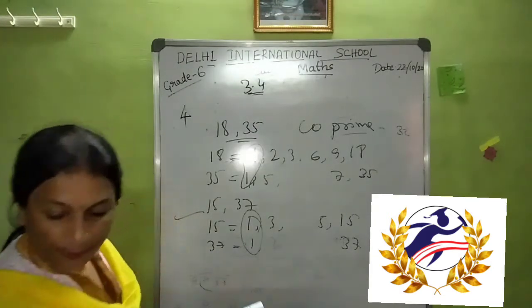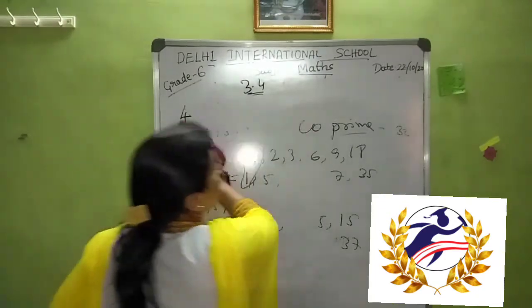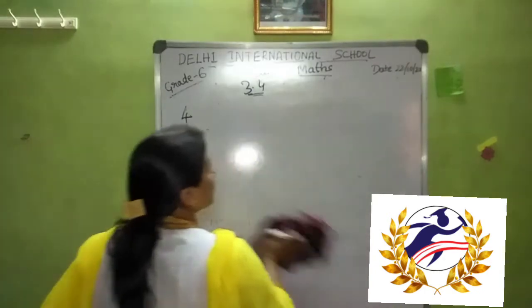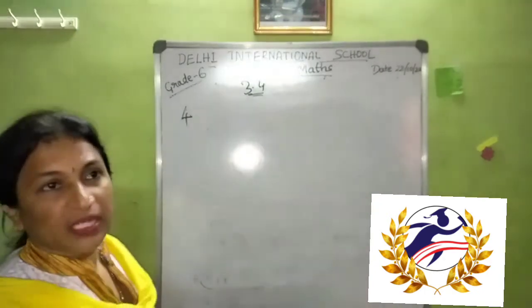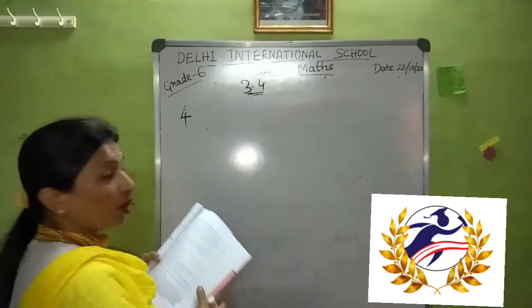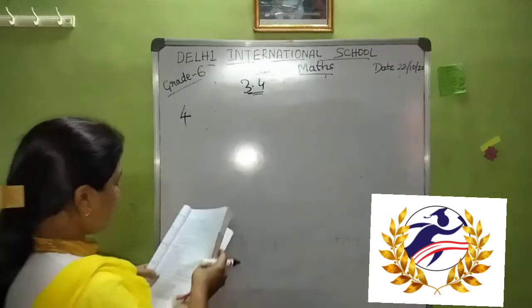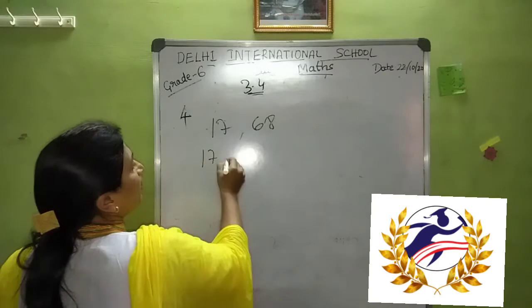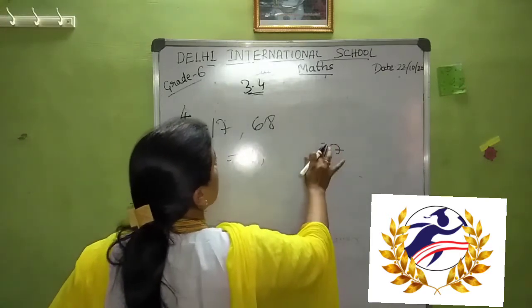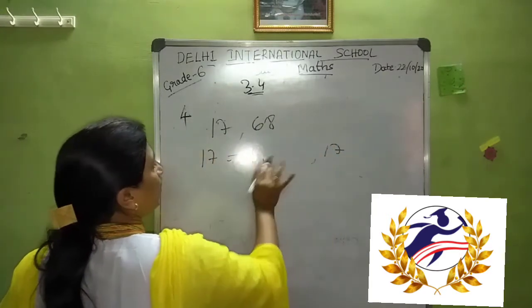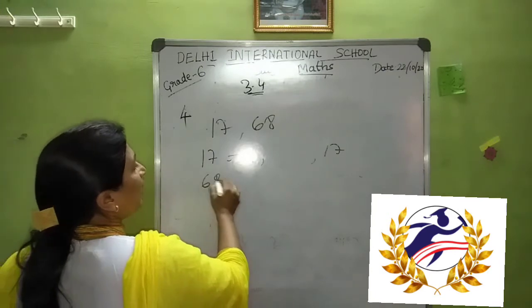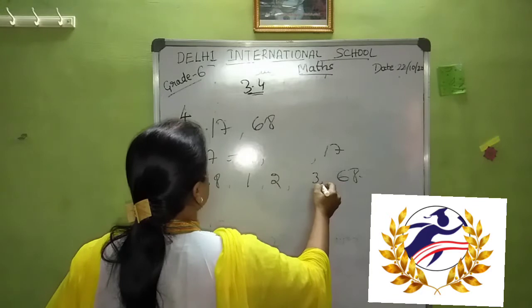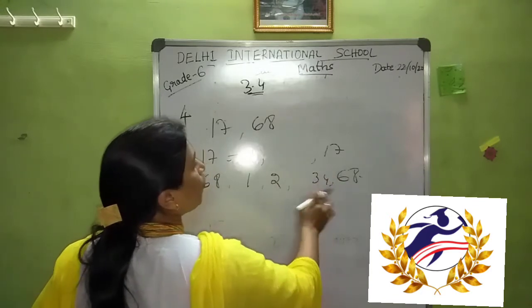So in the same way, 17 and 68. Co-primes means two numbers having only 1 as a common factor. If we take 17 and 68, 1 17s 17, in no table does it come. If we take 68, 1 68s, 2 3s 6, 2 4s, 2 34s.